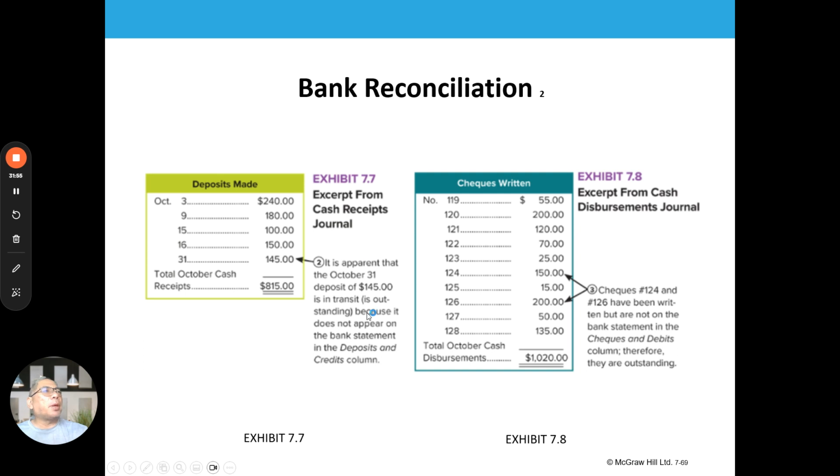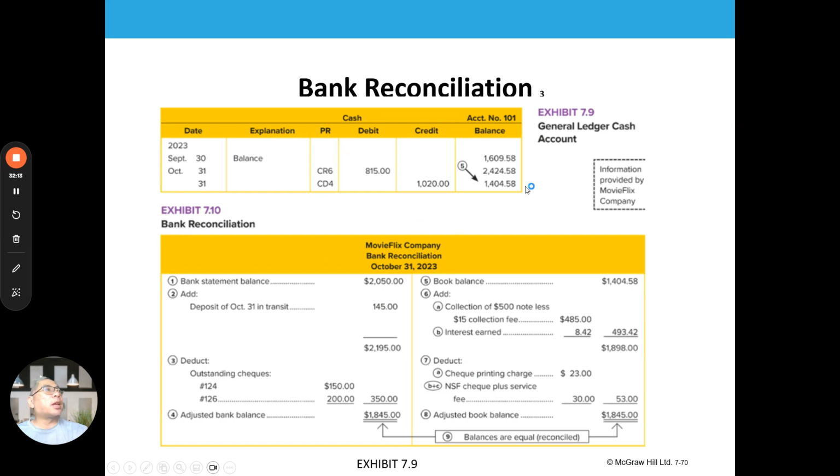It appears that on October 3 there's a deposit of 145. And in exhibit number 3, checks number 124 and 126 have been written but are not in the bank account. Then in the reconciliation, you reconcile number 5, the total, and make sure the balances are equal.